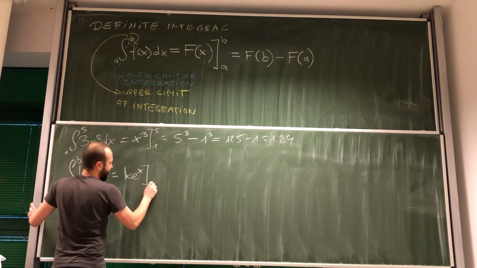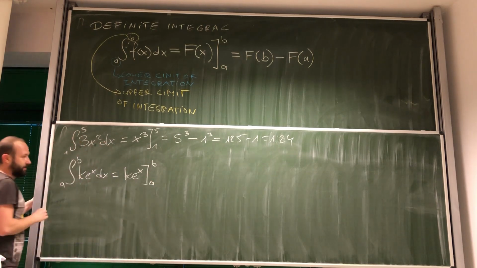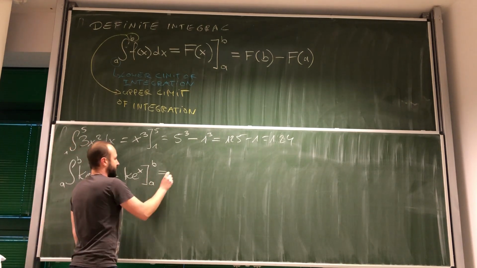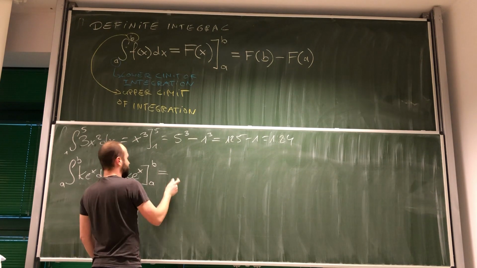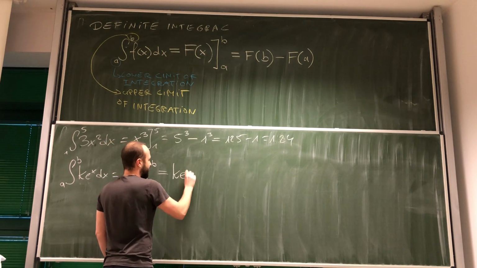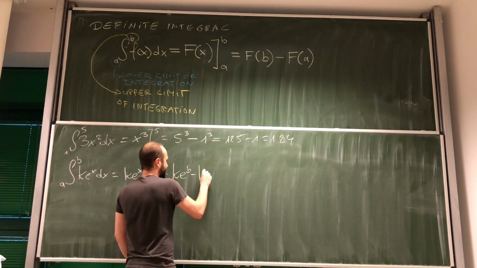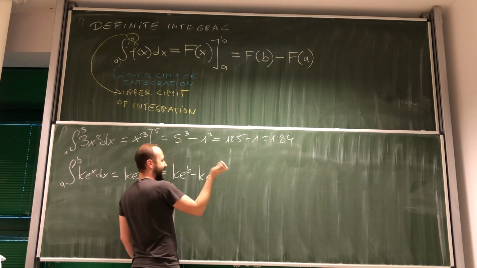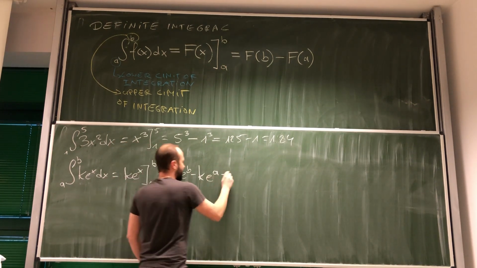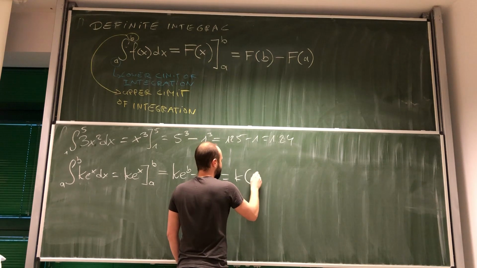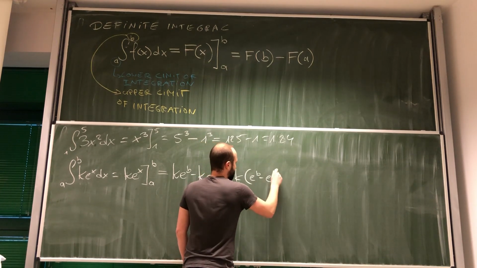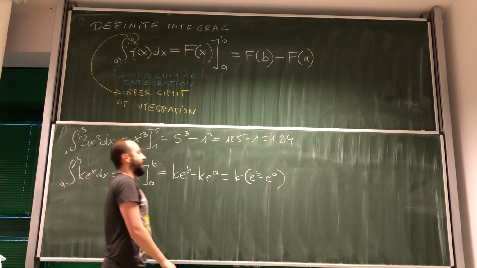Then we put a and b over here. Then of course we substitute those, so we get k e to the power of b minus k e to the power of a, right? And we get out of this that this is k times e to the power of b minus e to the power of a.